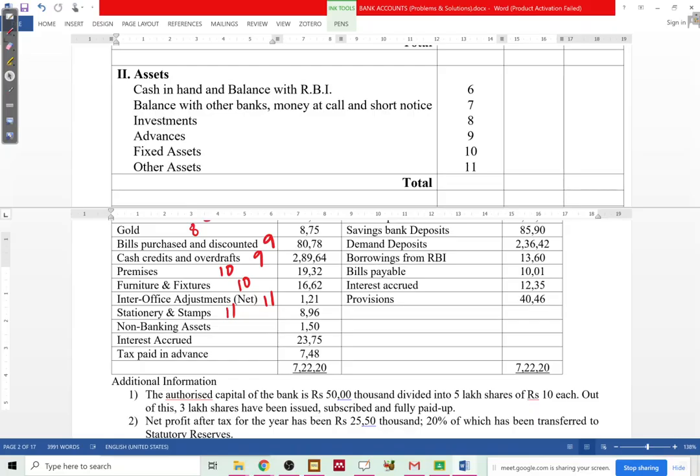So any assets which have been acquired by the bank in satisfaction of claims. Let's say somebody did not pay a loan and you acquired that property. They had taken a house loan by mortgaging the house, but these people failed to pay the loan, even after warnings and NPAs and this and that.